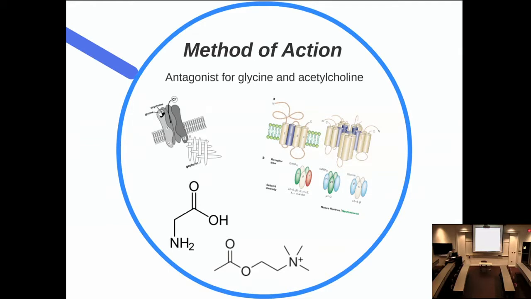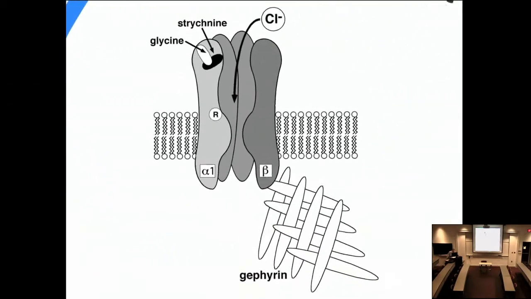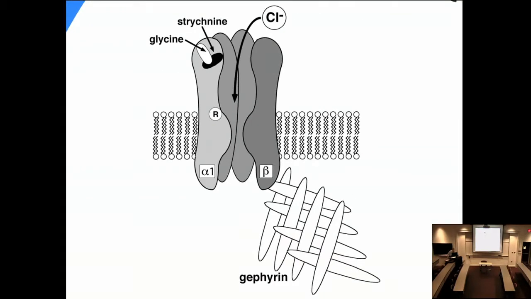Antagonist means that it'll bind to the same spot, but it's not going to allow the signal to be transmitted. In this case, strychnine works on the glycine receptor and basically makes it so that it is always open. Or sorry, not always open, always closed, my bad.